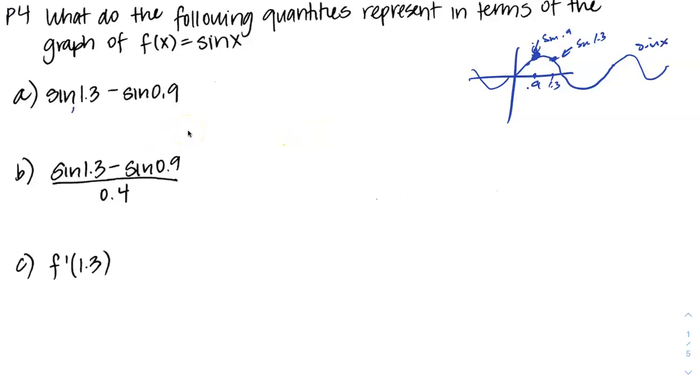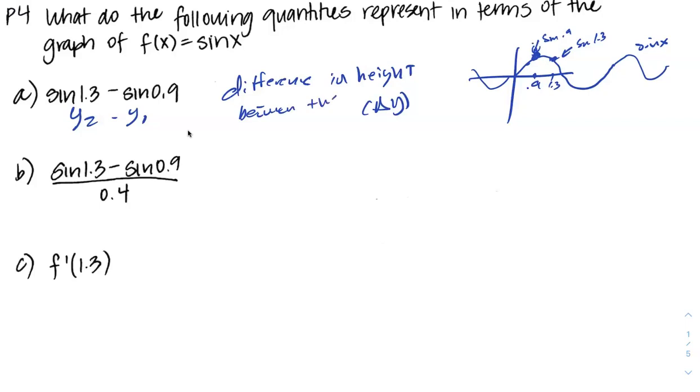So it's just like saying y2 minus y1, or the difference in height. Lots of ways to say that. The difference in height between the 2 points, also known as delta y.